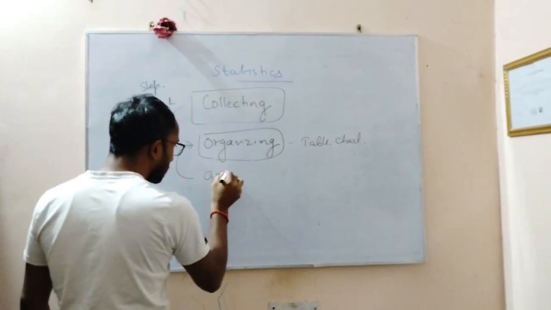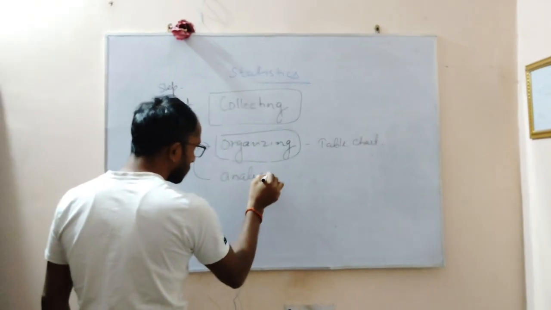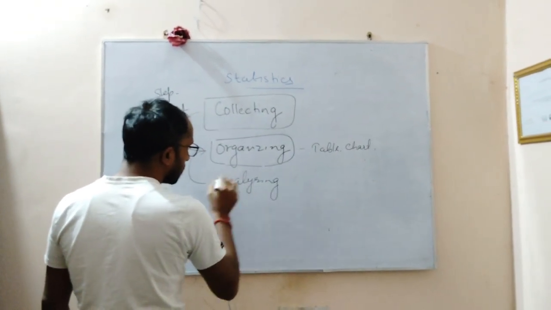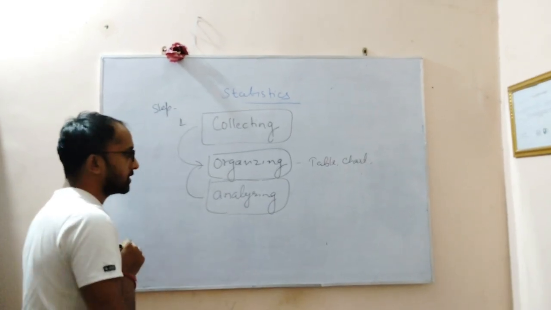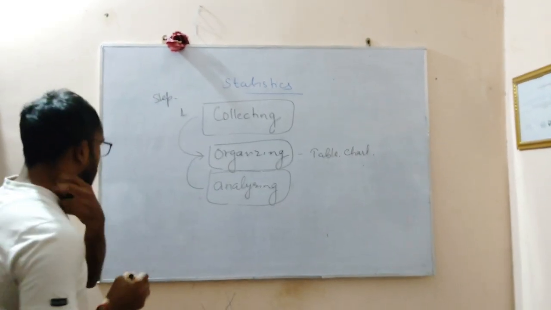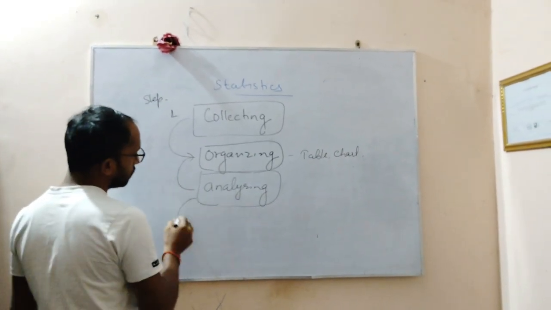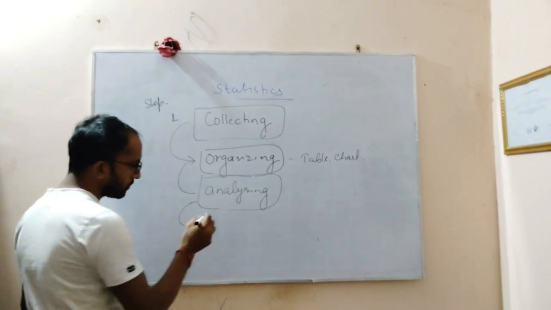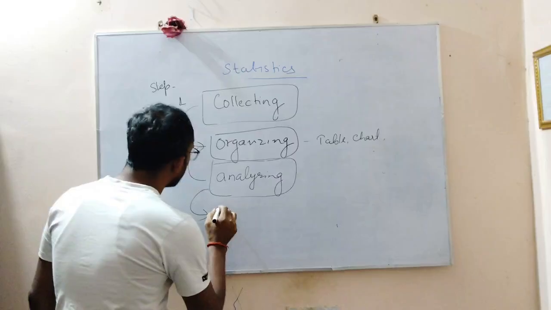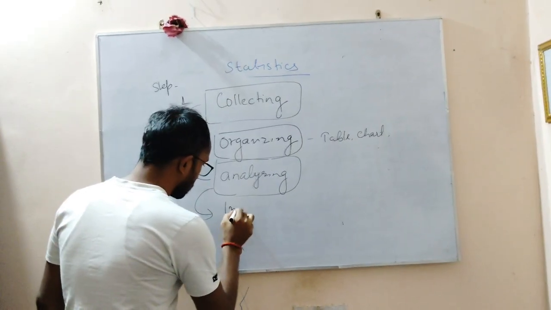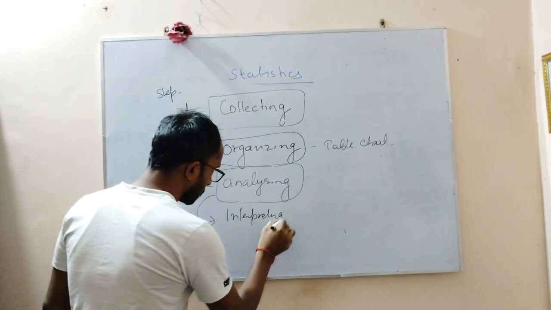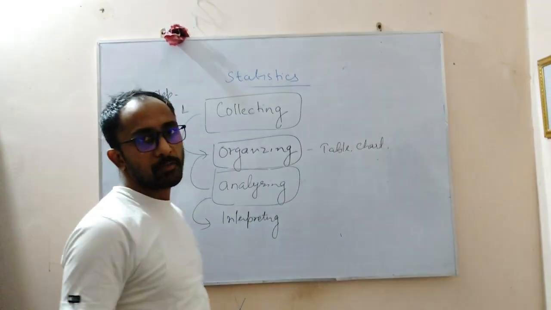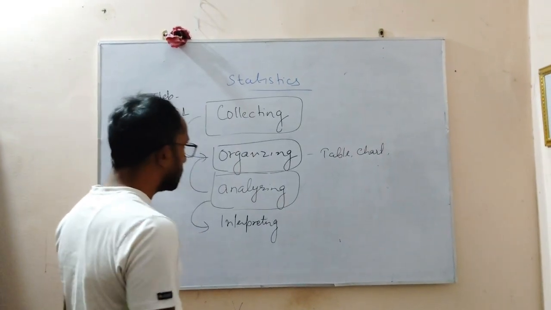The third one is analyzing. We have to analyze the data and its characteristics. What type of data is this? And the fourth one is interpreting, which is a very important component of statistics.